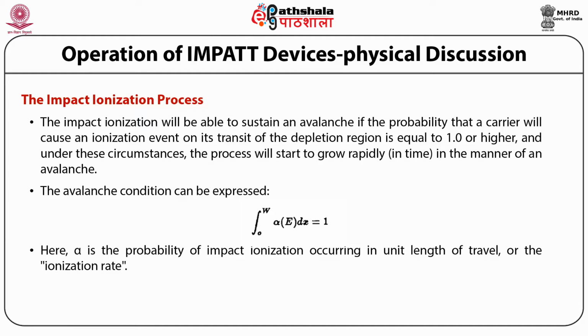To be more realistic, we must recognize that the ionization rates for the electrons and holes are not the same. The ionization rates depend very strongly on the electric field. A typical dependence is given by alpha(E) equal to alpha naught multiplied by e to the power of a term in the field.